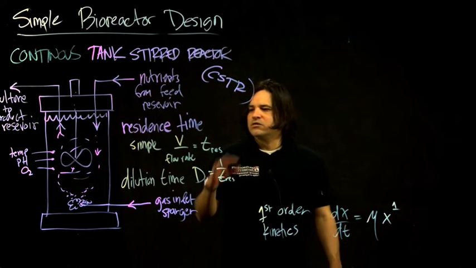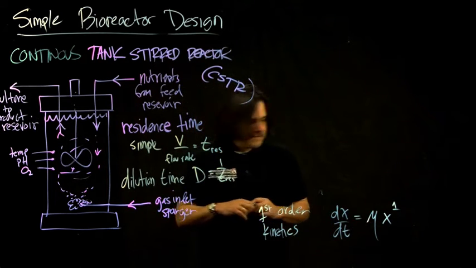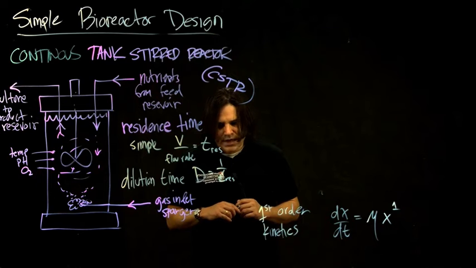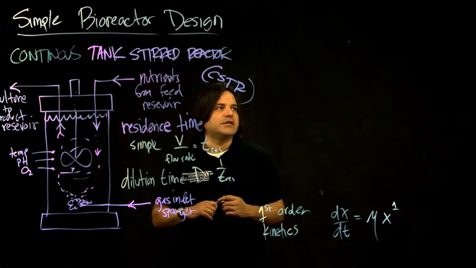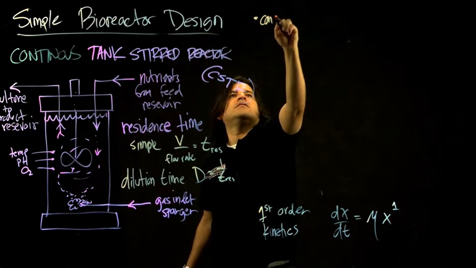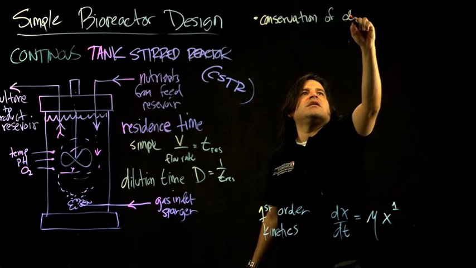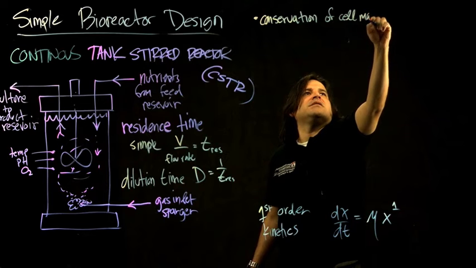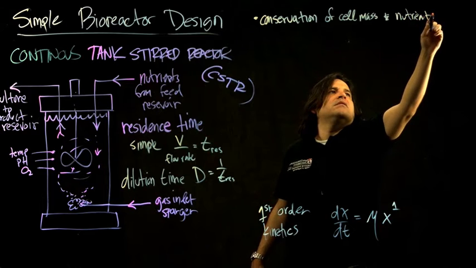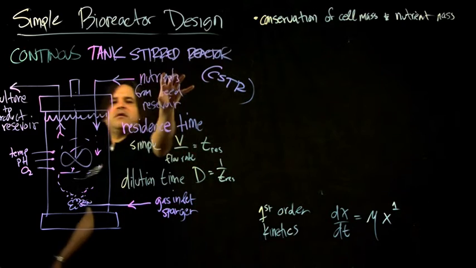So, with those definitions, we're going to talk about some more assumptions here. One assumption is that there's a conservation of cell mass and nutrient mass, because what's happening is this is sterile nutrients.